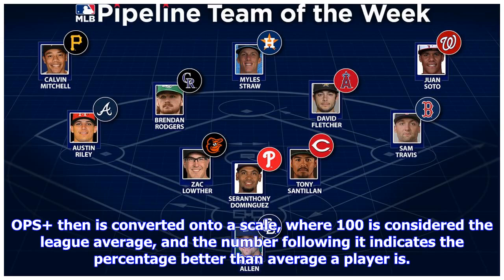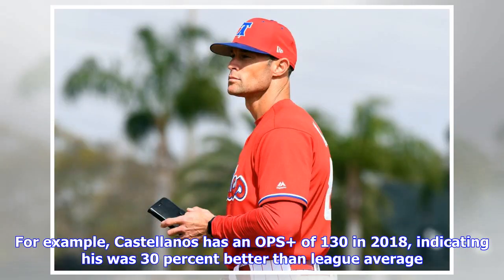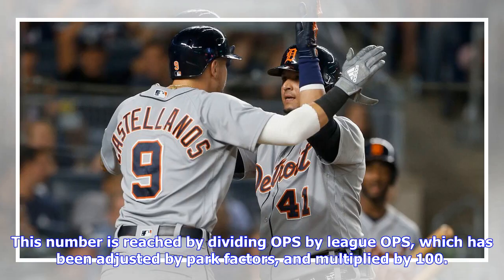OPS+ is then converted onto a scale, where 100 is considered the league average, and the number following it indicates the percentage better than average a player is. For example, Castellanos has an OPS+ of 130 in 2018, indicating he was 30% better than league average. This number is reached by dividing OPS by league OPS, which has been adjusted by park factors, and multiplied by 100.